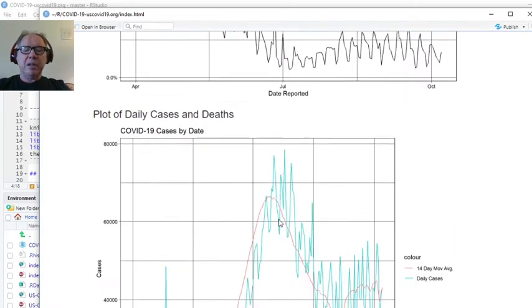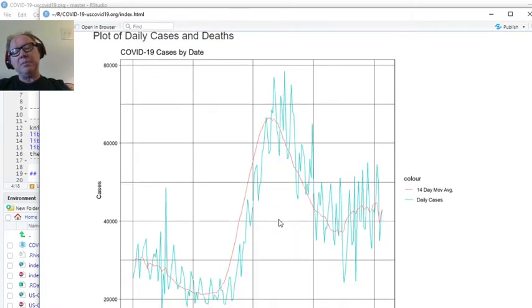Okay, take a look at cases. Well, we had a spike here followed by a long decline, and it looks like the cases are going to stay between this 40,000 and 50,000 range right now, because I see it's kind of leveling off here.